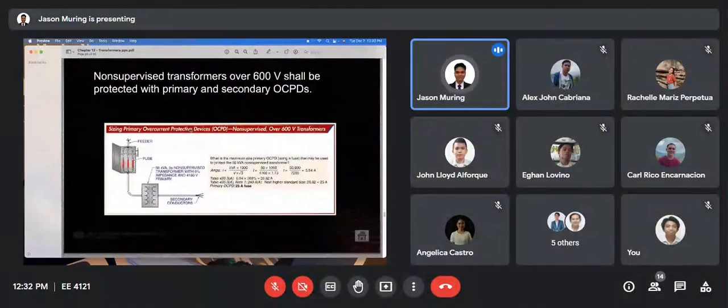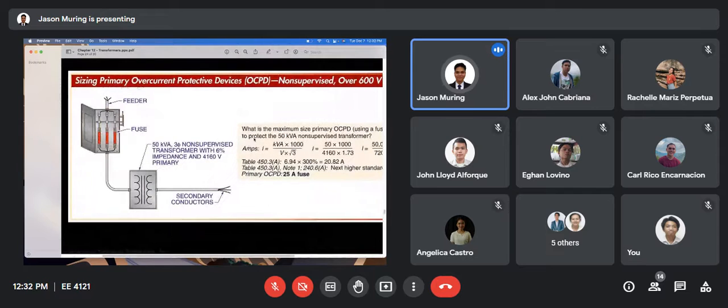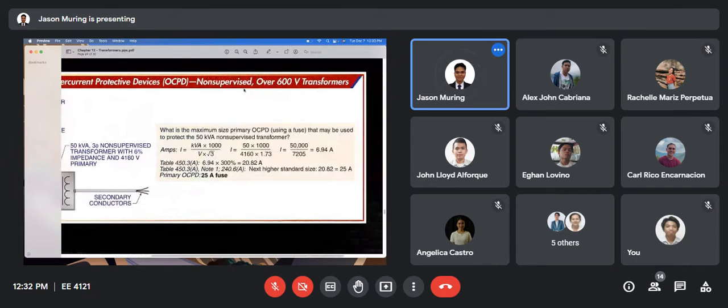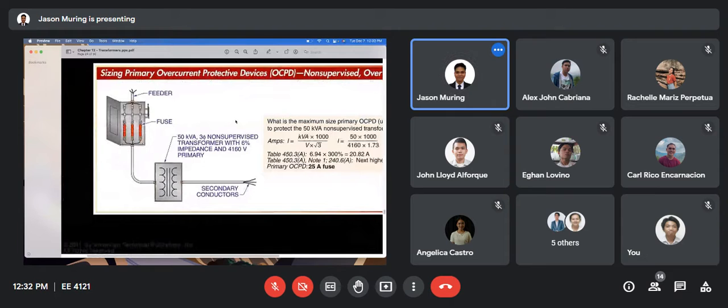So yeah, let's have here now some calculation. So if we have this kind of transformer, sizing the primary overcurrent protective device, so this is non-supervised. Meaning non-supervised, dili siya nga naka-stick to, so that only trained personnel can enter this facility.